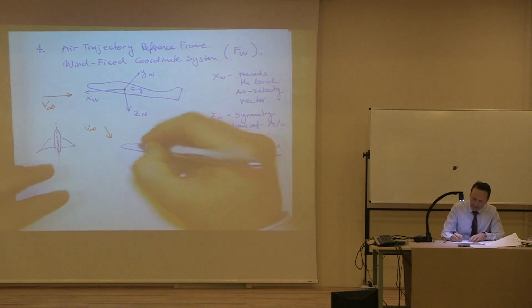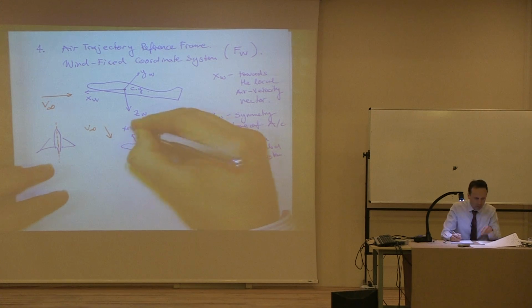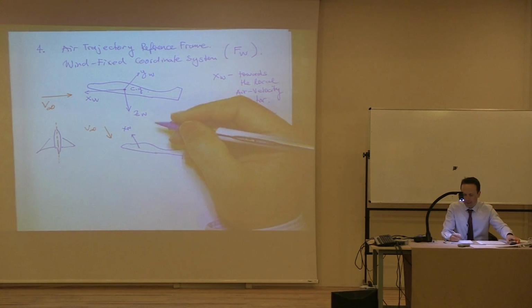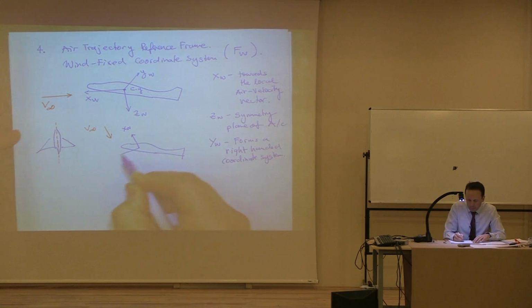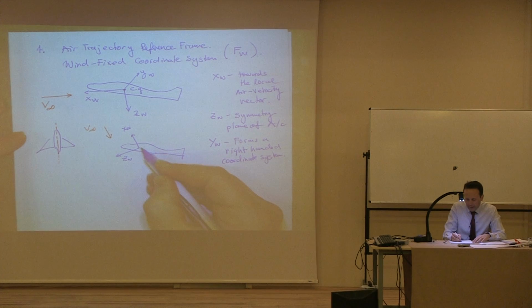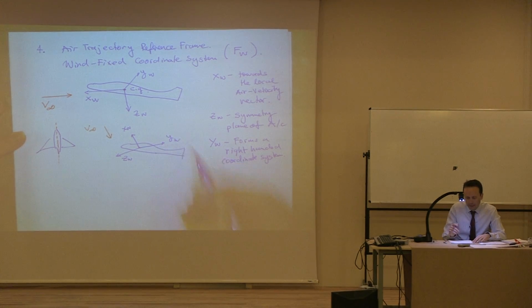XW would be like that. It would be towards V infinity. ZW would be in the symmetry axis, but 90 degrees to XW. And YW would be such that it is a right-handed coordinate system. It would be like that, into the plane, basically.